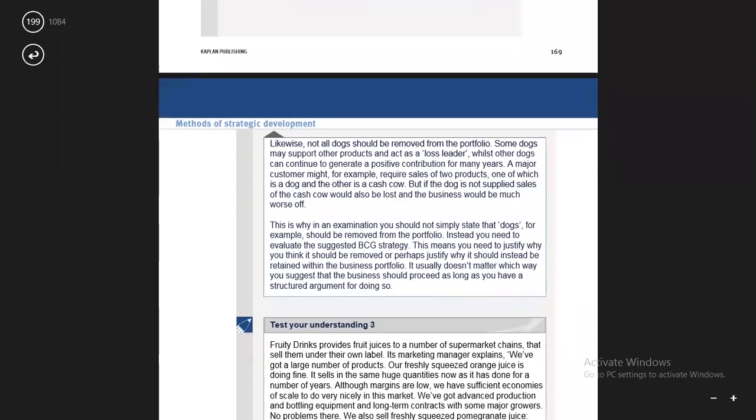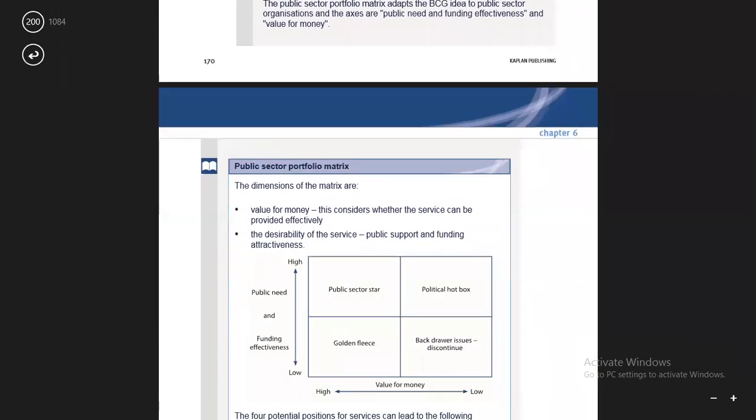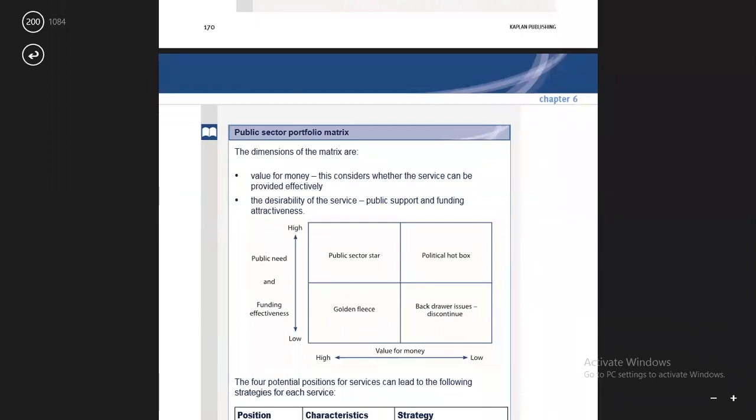So it is dependent, when the examiner asks any question on this BCG matrix or portfolio analysis, you have to analyze all the products given in the scenario, and then decide which product the company has to pick up, whether star product, problem child, cash cows, or dog. Sometimes it happens, I will give you an example, that the scenario is indicating that the product is a dog product, that it has low market growth and low market share as well, but the brand is known by that product, because it is the pioneer product of that brand.